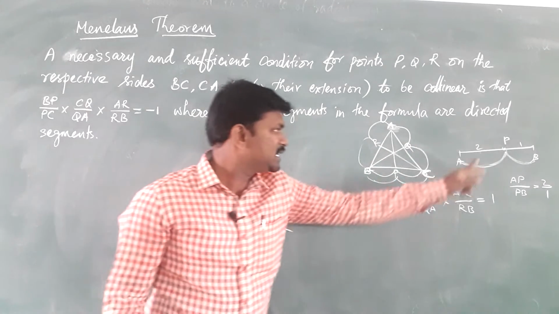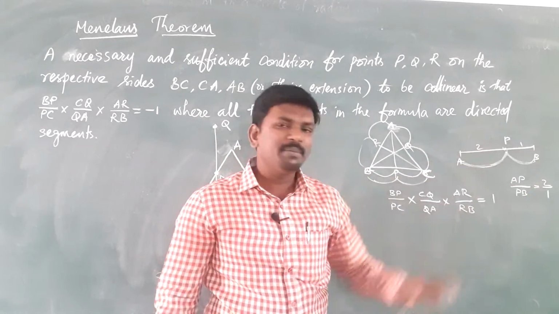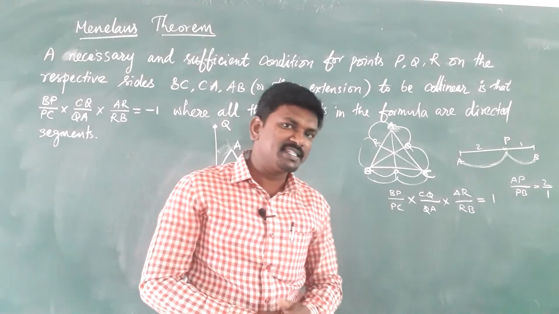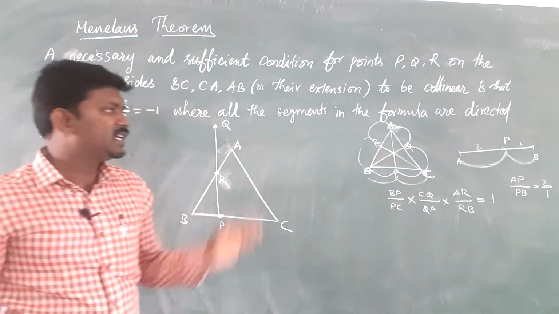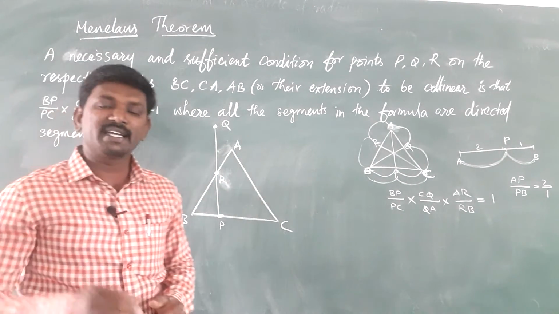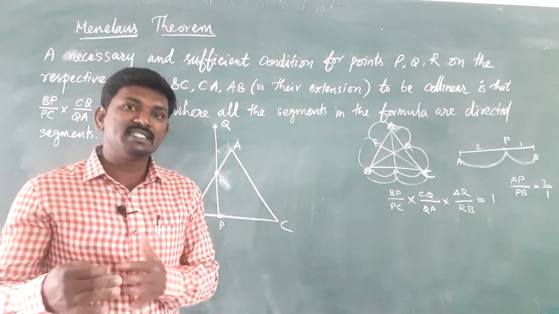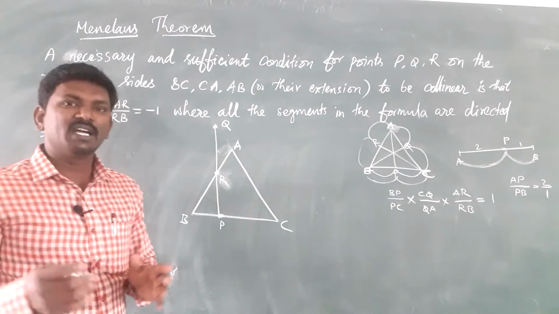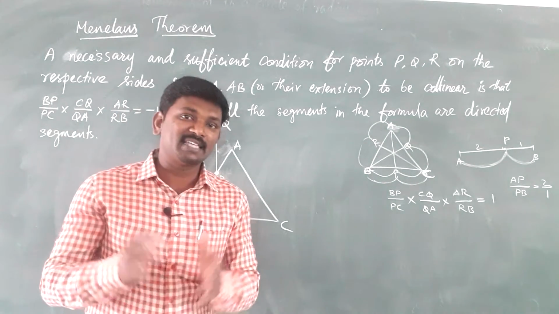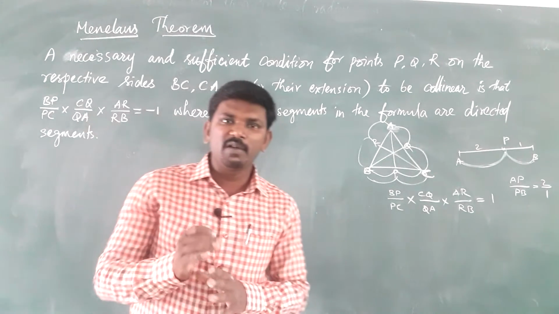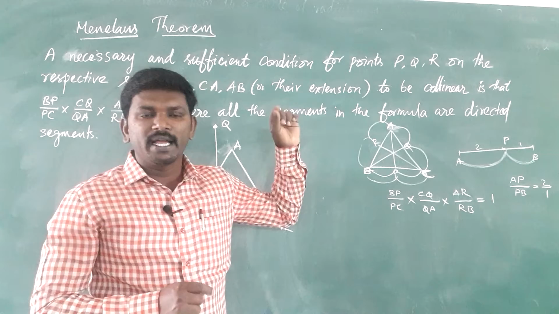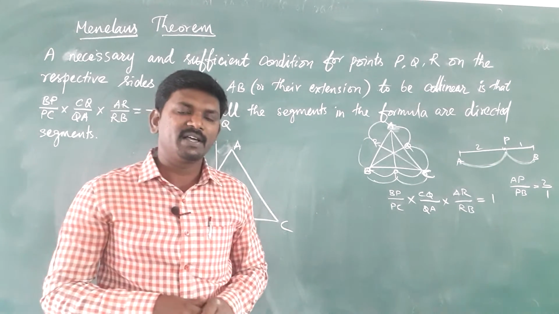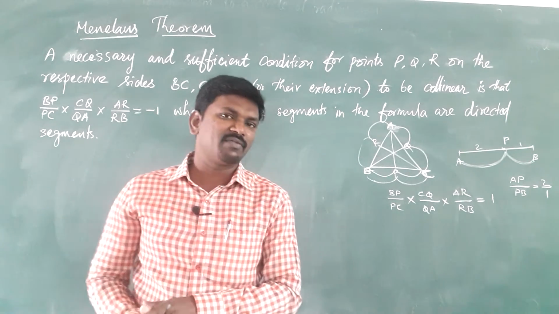If suppose P divides the line AB externally, how will we write it? We will write it as negative. When it divides in the opposite direction externally, we write it as negative, because you have studied the section formula. What is the difference between the internal and the external formula in the section formula?